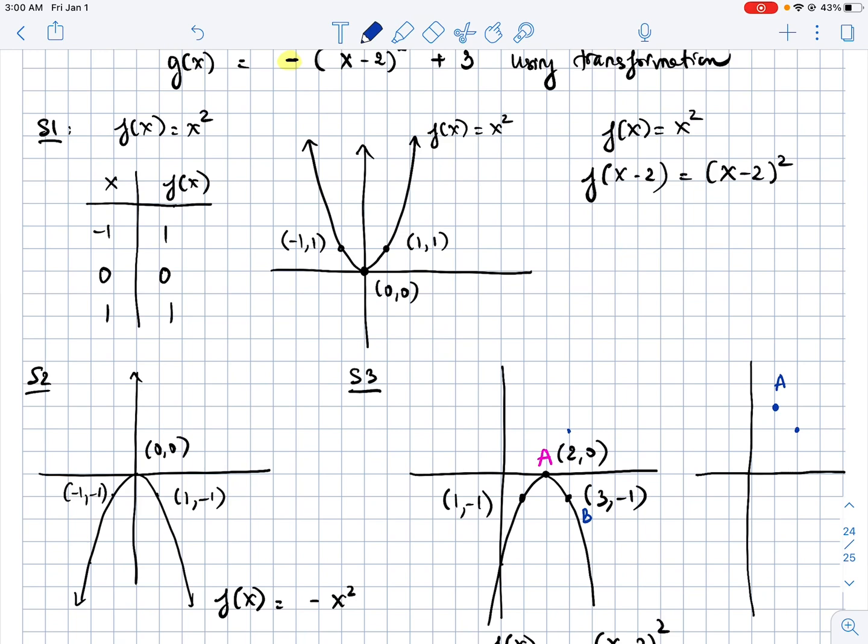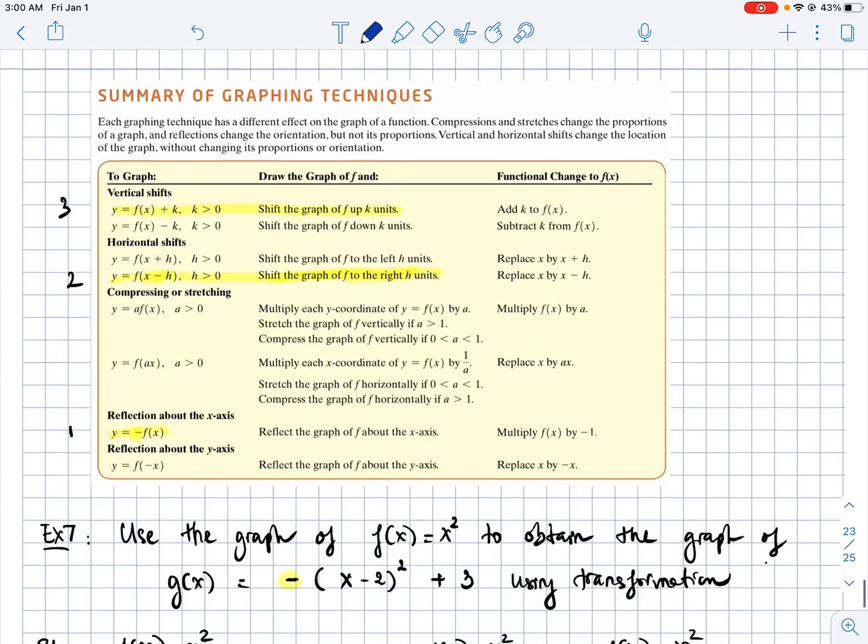And let's say this is the point B, then the point B will move 3 up, so it will land on 3, 2. So let's do this one more time. A moves 3 up, so A will land here, and then B will land here, and C will land here. So you just move 3 up, 3 up.